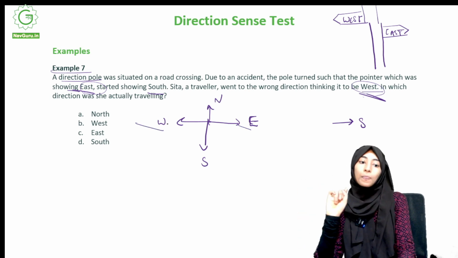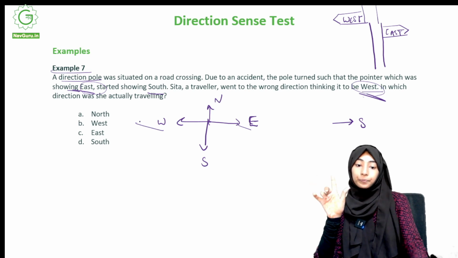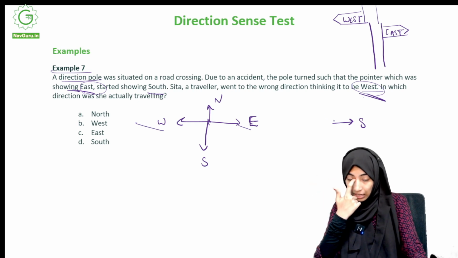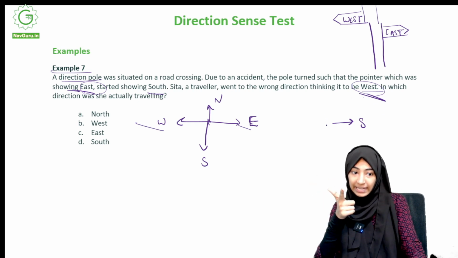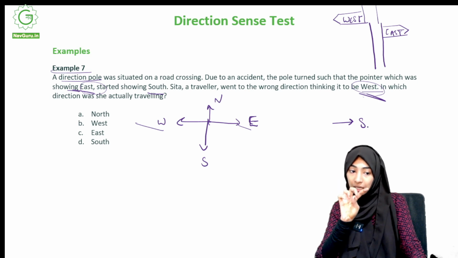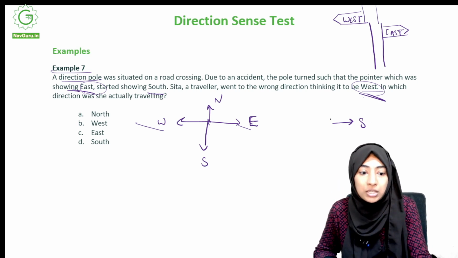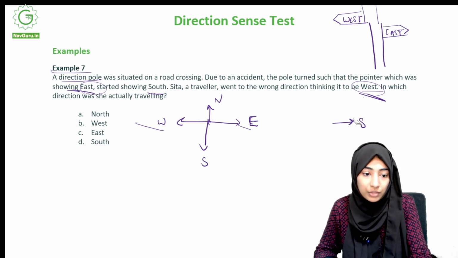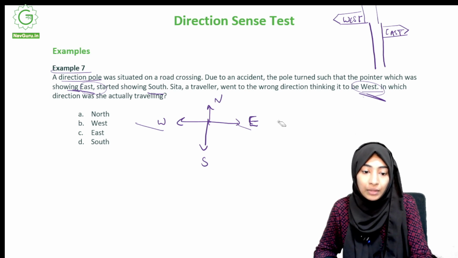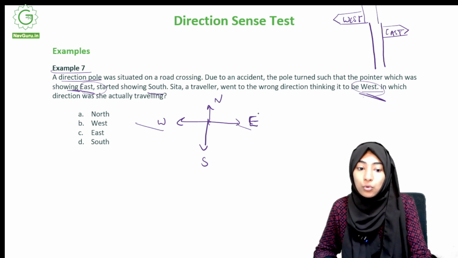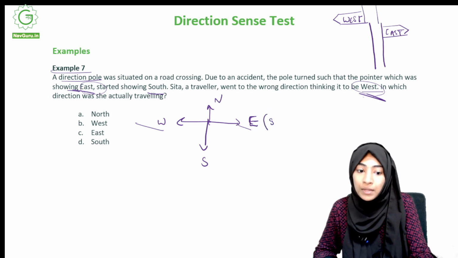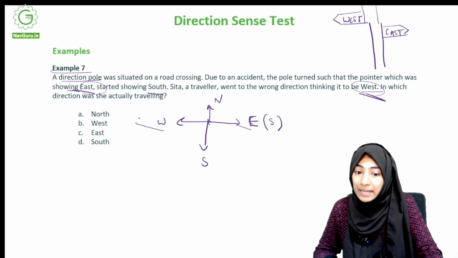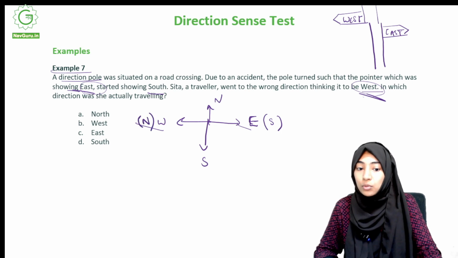What happened is Sita looked at west direction as per this new direction. This might be a bit confusing for you, so I'll draw this here. The actual east was shown as south. So what will the actual west be shown as? North. The actual west will be shown as north.